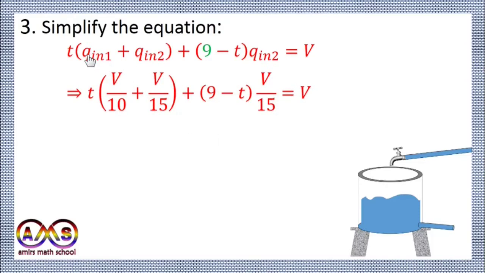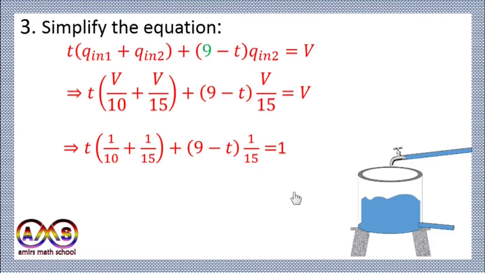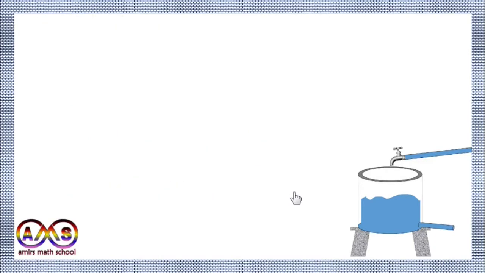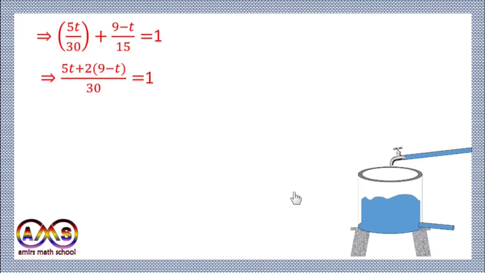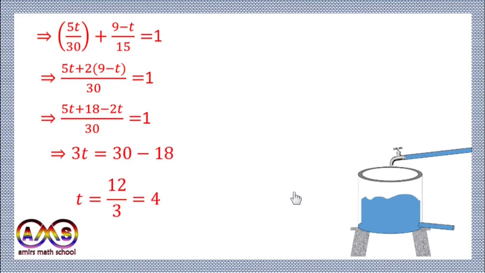So substitute the value of Q in 1 and Q in 2. We now simplify the equation to find the value of t. That is t equal to 4 minutes. This is our required result.